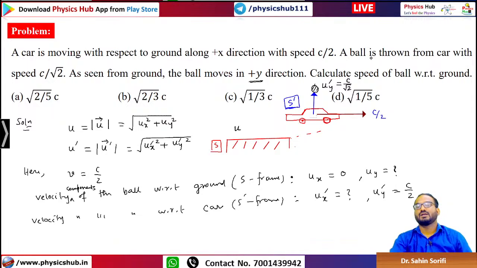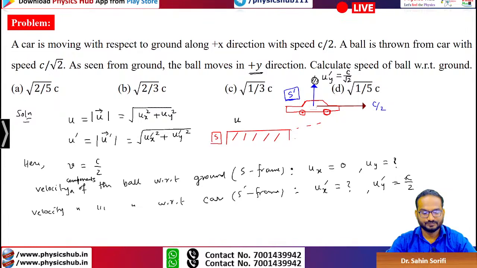Because a ball is thrown from car with a speed c by root 2. So if you want to calculate speed of ball with respect to ground, means you need to know ux and uy. Ux you already know, uy you do not know.